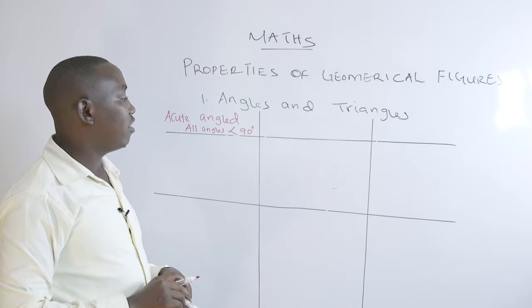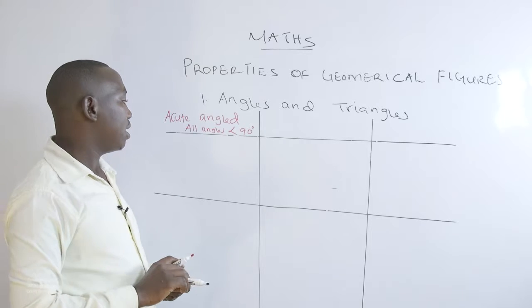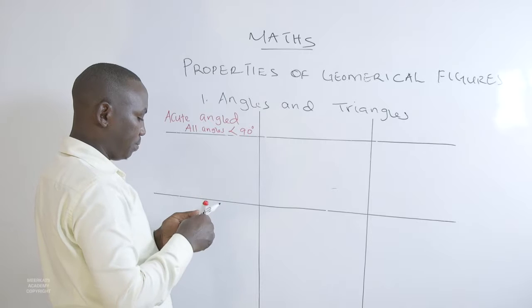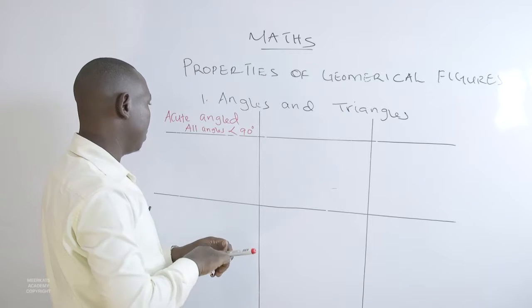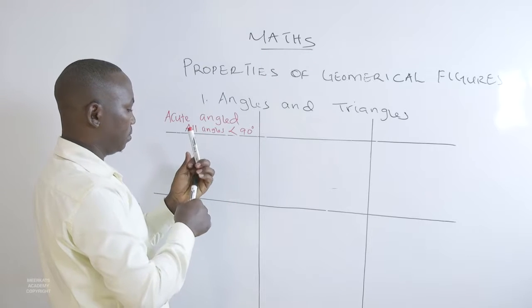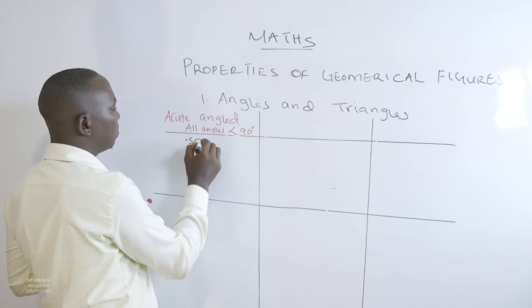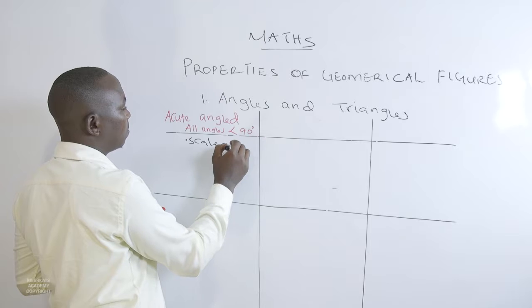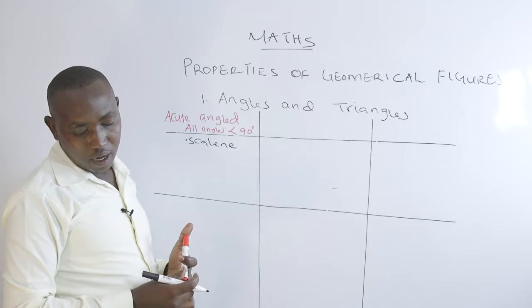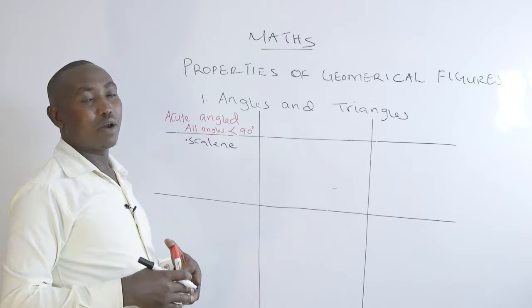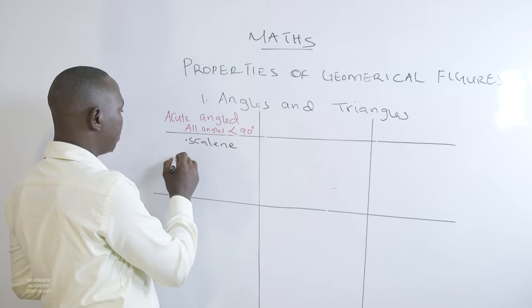One is called a scalene triangle, in which all the sides and all the angles are not equal.